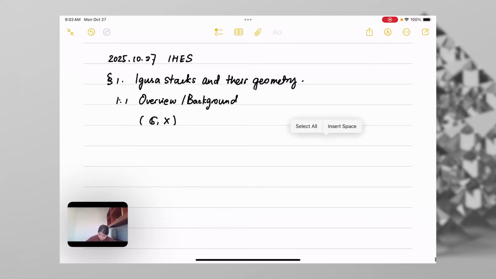So basically, given some Shimura datum, which, recall, consists of a reductive group over Q and its symmetric space for the real points.